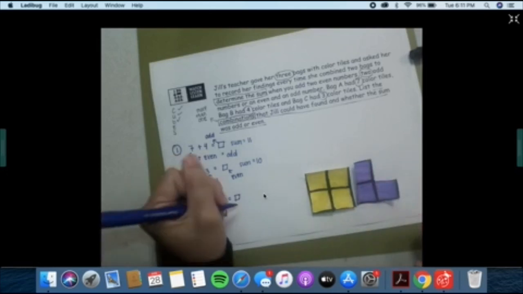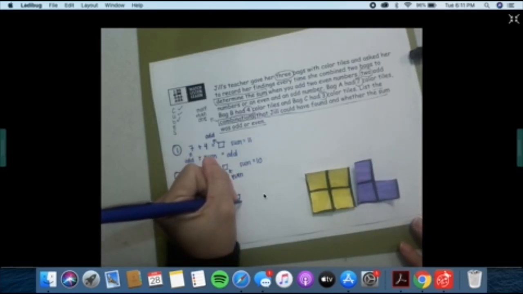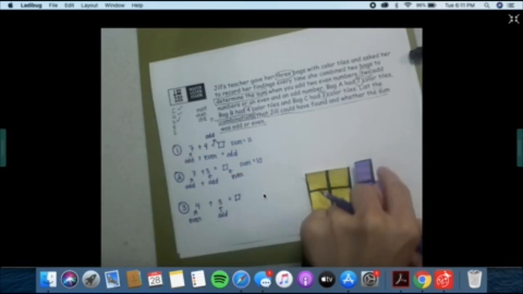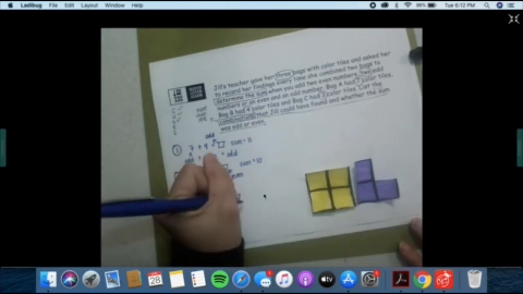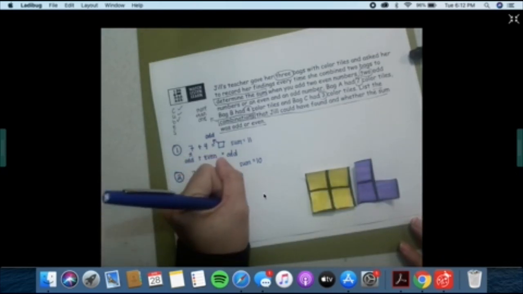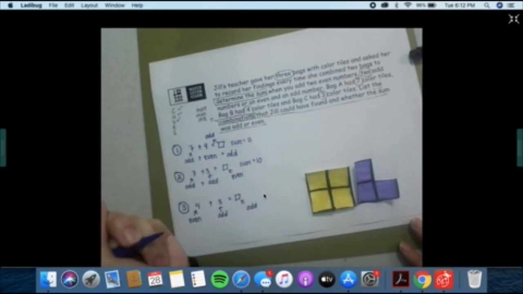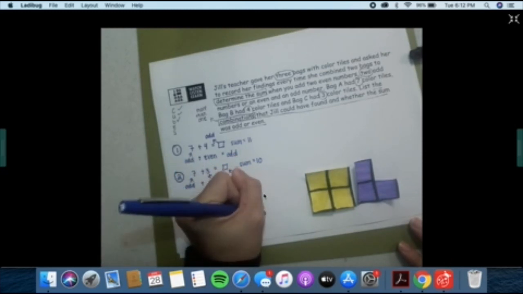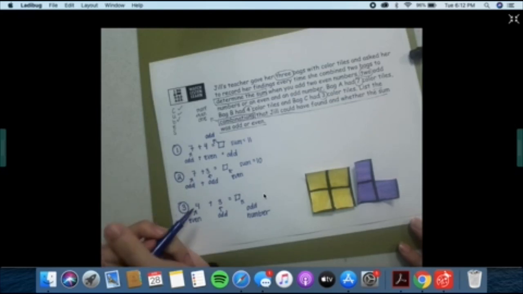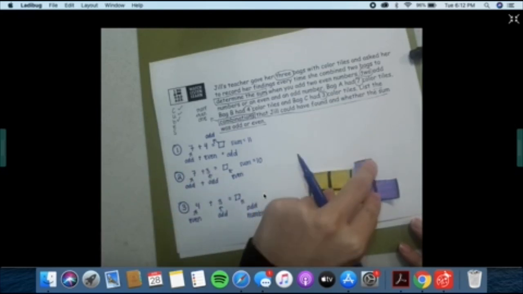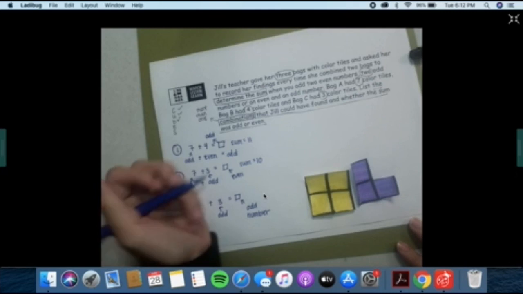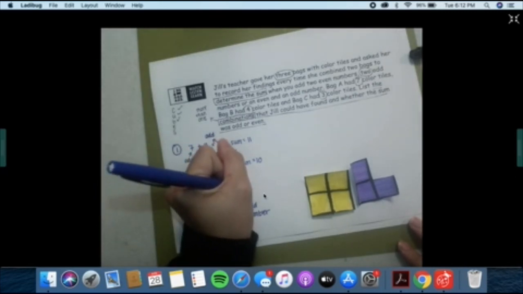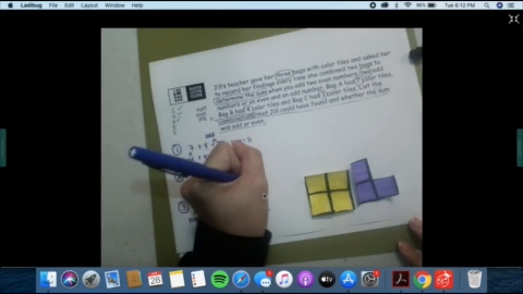So if I put these together, this would be an odd number because there's not a partner to it or a pair. So it'd be an odd number. And then 4 plus 3 would be 2, 4, 6. 6 plus 1 more is 7. So my sum equals 7.